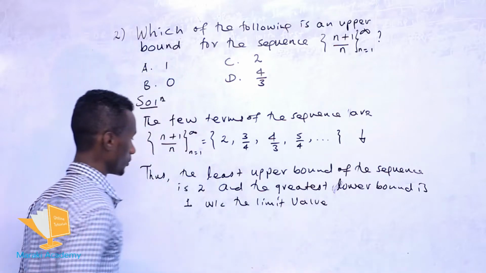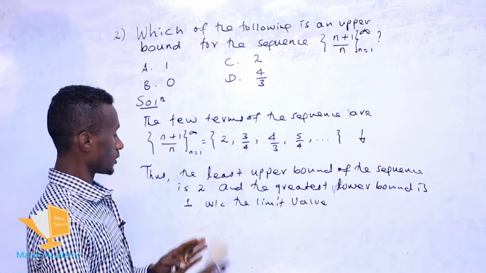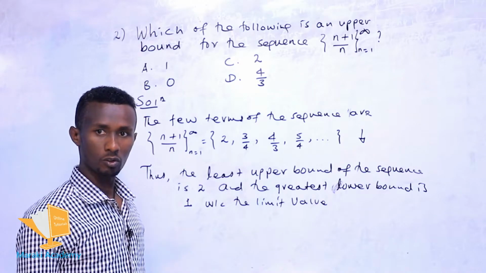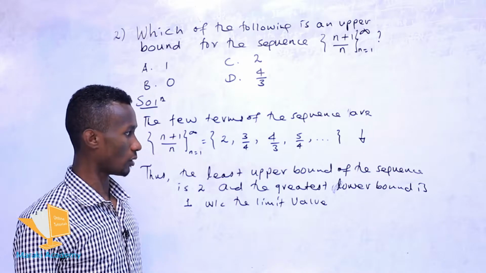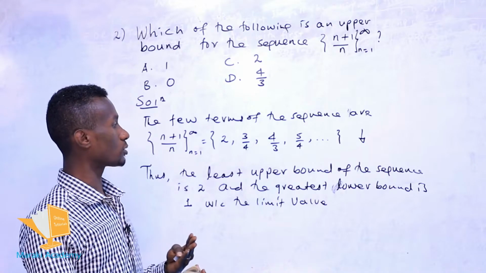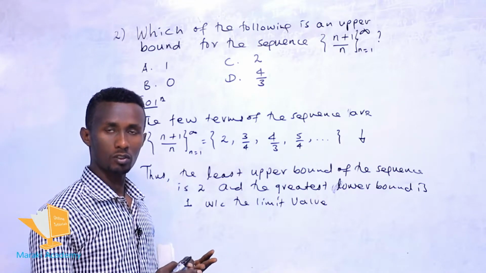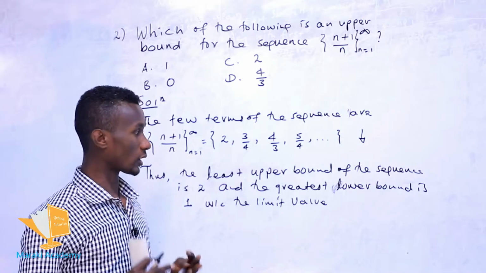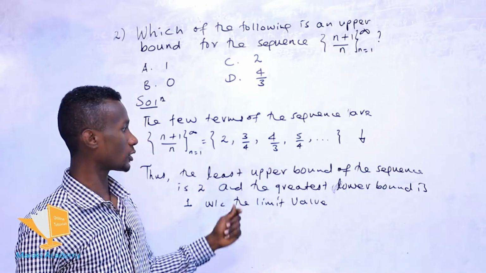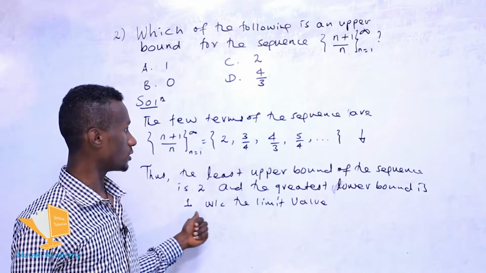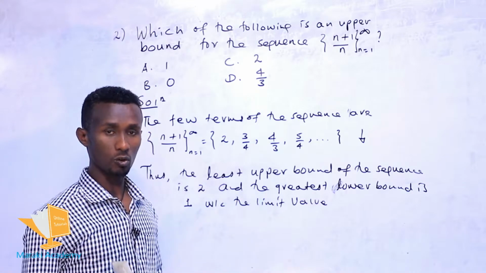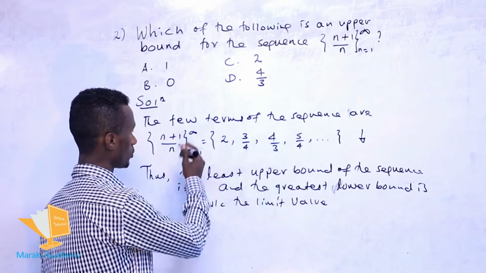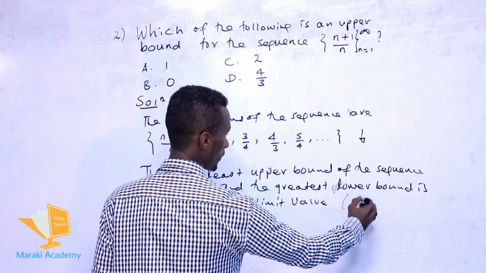This sequence is bounded below by 1, 0, -1, -2, and among these the greatest is 1. So that is the greatest lower bound, and this is also the limit value.